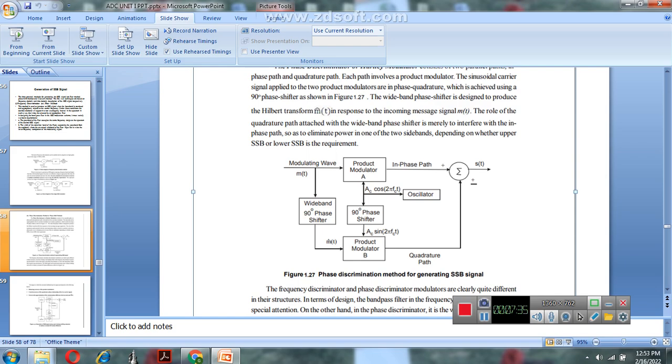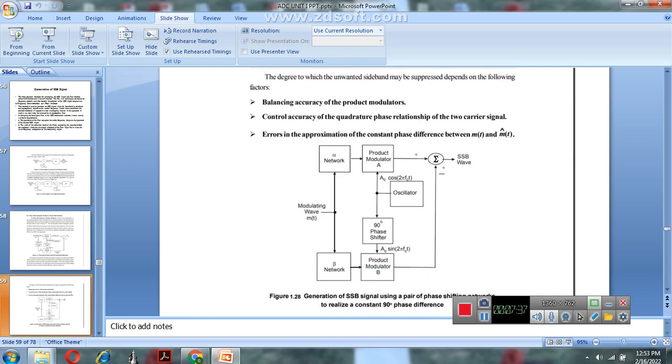Next, the degree to which the unwanted sideband may be suppressed depends upon the following factors. What are the following factors? First, the balancing accuracy of the product modulator. The accuracy of the balancing modulator is one of the factors to eliminate the unwanted sideband.